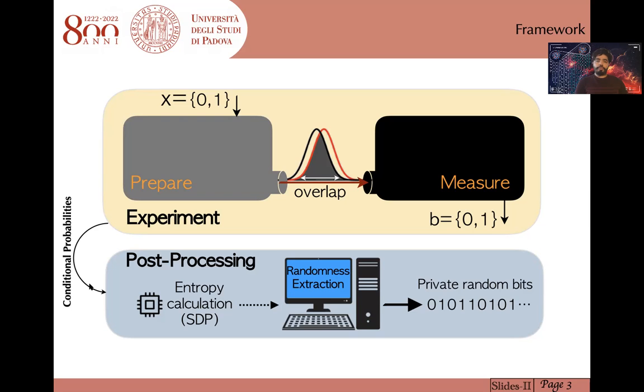Based on that conditional entropy, we can build our randomness extractor. And then by applying the randomness extractor on the low quality raw random bits, we can generate our final and private quantum random numbers. This is the general framework of this protocol.